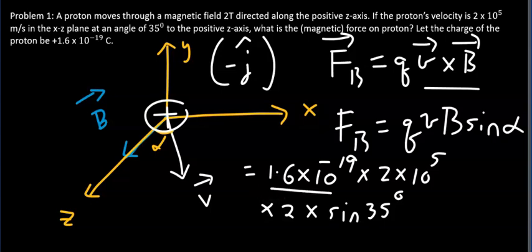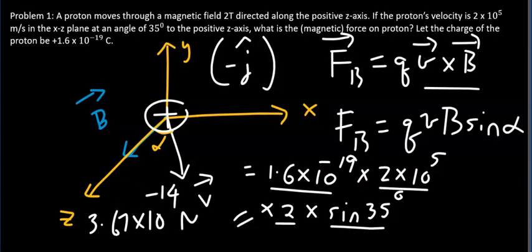Multiplying the charge with the magnetic field strength and sine of that alpha, you get the following for the answer: 3.67 times 10 to the power minus 14 newtons. So that is the force heading in that direction, and that solves the problem.